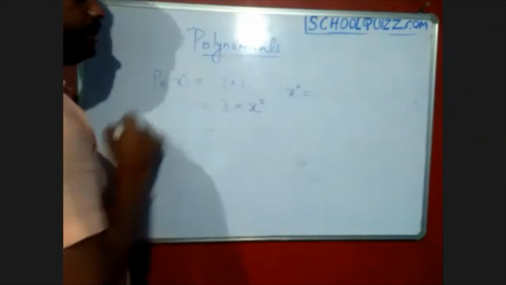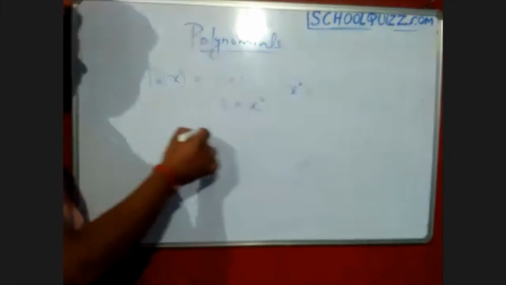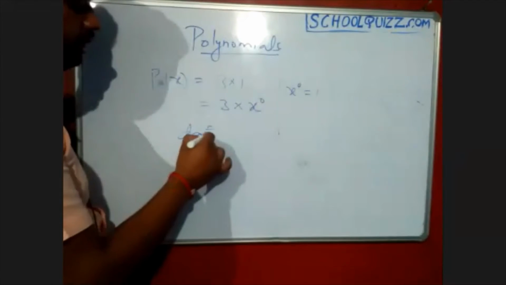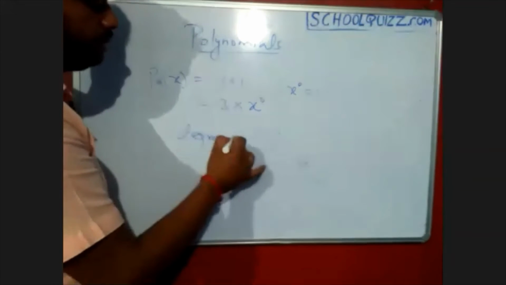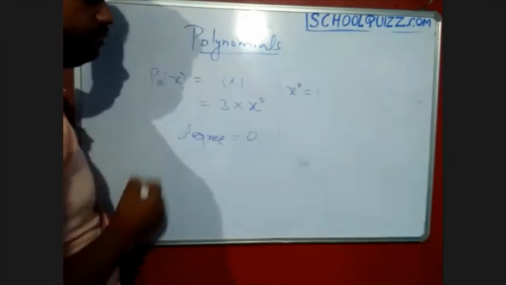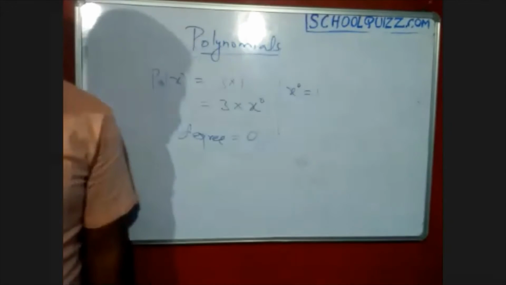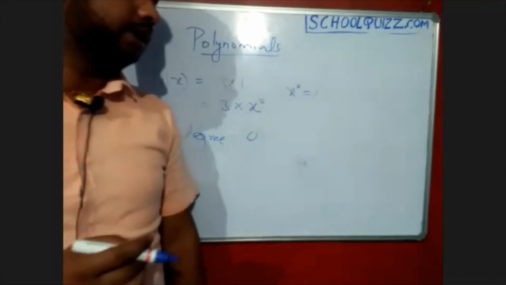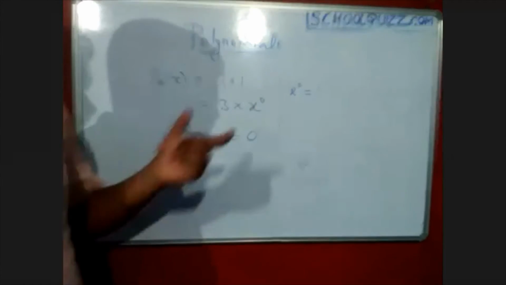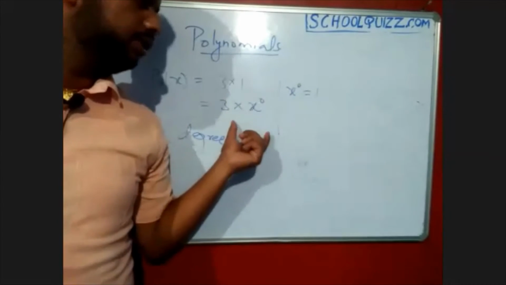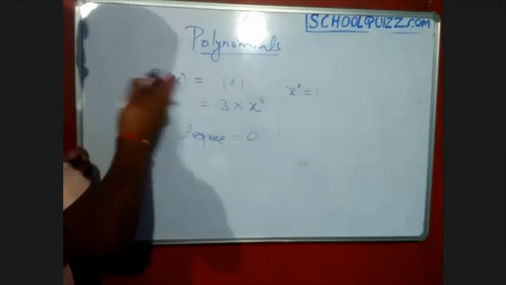Now we have the variable in that expression. So what is the degree of this expression? 0. These are the points you have to make a note of: the degree of a constant polynomial is always 0.